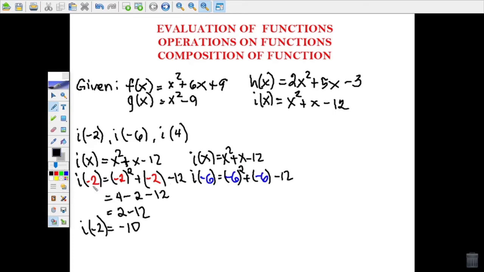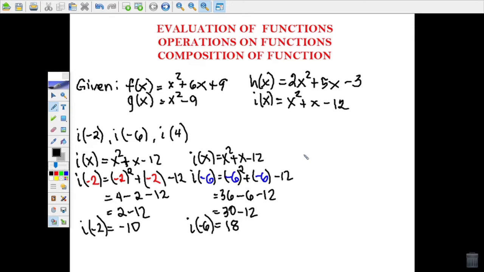So just copy minus 12. Then simplify. Negative 6 squared is 36. Again, positive times negative is negative, so it should be minus 6 minus 12. So 36 minus 6 is 30. Then just copy minus 12. So 30 minus 12 is 18. So therefore, I of negative 6 is 18.